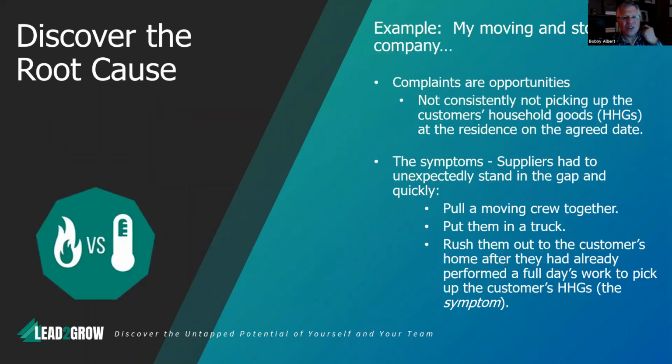I would like to walk you through what this looks like in practice when discovering the root cause. I'm going to share about an experience I had at my moving and storage company. When we set up our continuous quality improvement program years ago, we found that our ability to distinguish between the symptoms and the actual root cause of a problem was key to the program's effectiveness.